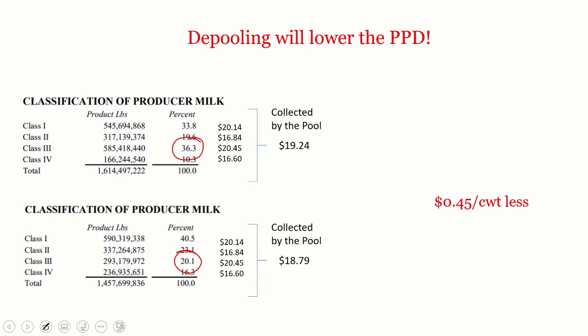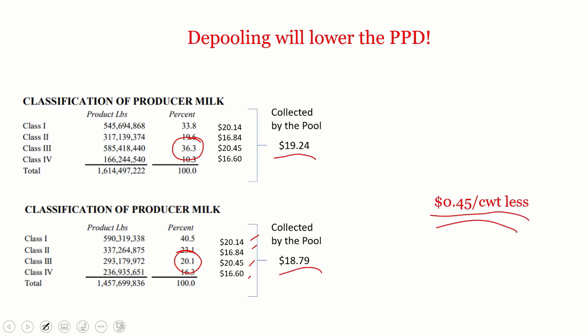Now all of a sudden the money in the pool goes from $19.24 to $18.79. Again, milk prices all stayed the same, and it's just because we've taken that higher price milk out and paid it directly. So in this particular case, depooling cost the PPD 45 cents.